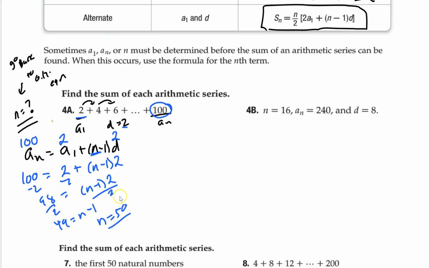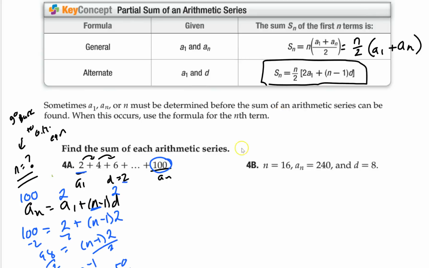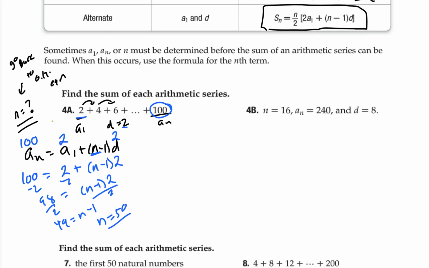Right, so now I have my N. Now I can plug into any formula I want. I'm actually going to use the easier one this time because we have a last term. This one's only easier if you actually have the last term. And this time I do. It's 100. So the way I'm going to use this formula is like this. Sn, that means sum. S stands for sum. The sum of the first 50 terms is N over 2, A1 plus AN. N, we just figured out is 50.